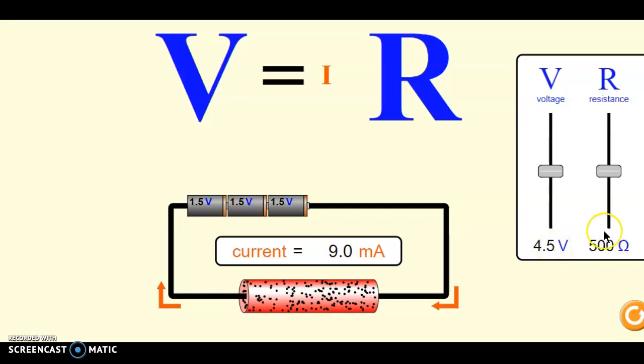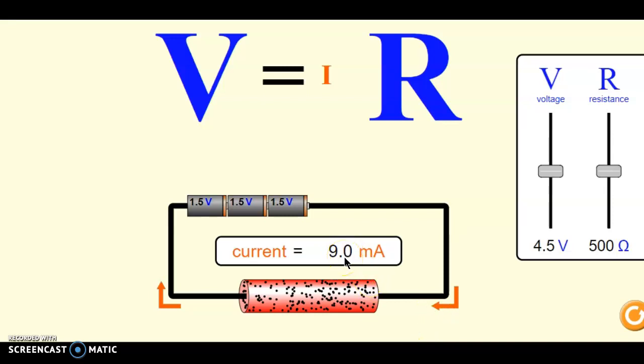The resistance we have is 500 ohms. To calculate the current, solve for I: 4.5 volts equals I times 500 ohms, divide by 500 on each side, and you will get 9 milliamp.